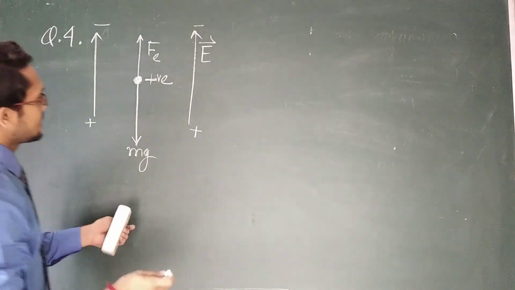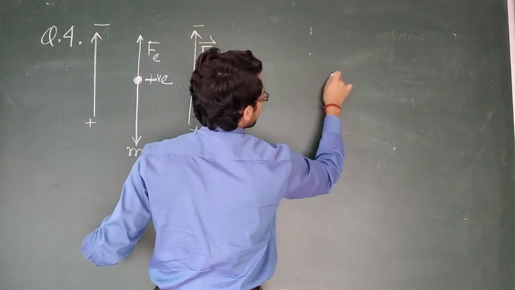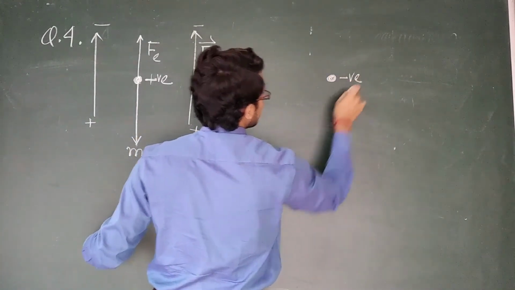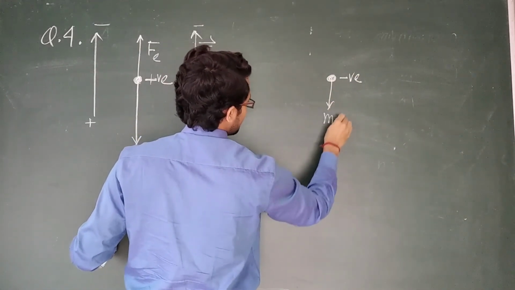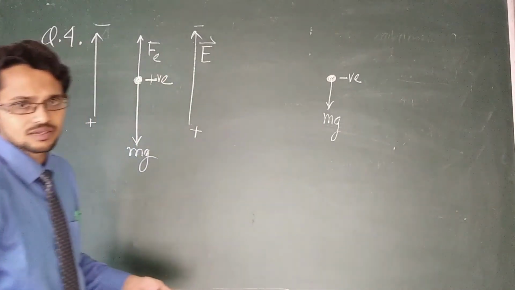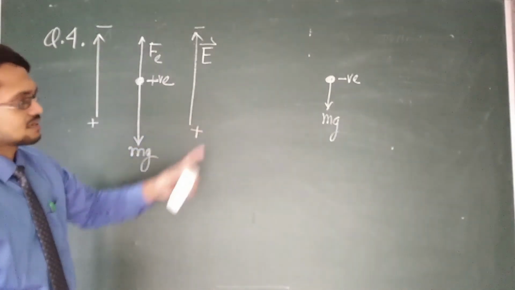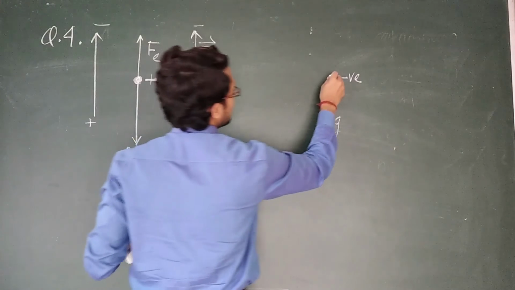And if this charge is negative, weight again acts in the downward direction. But we have to apply another force, the electrostatic force, in the upward direction.